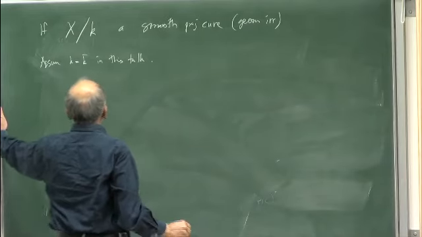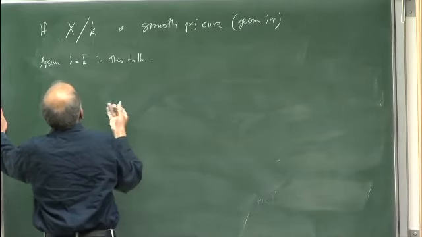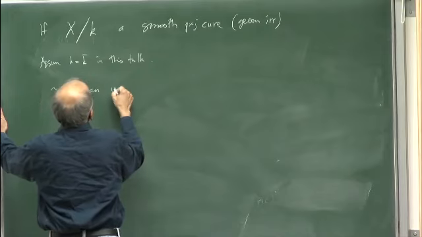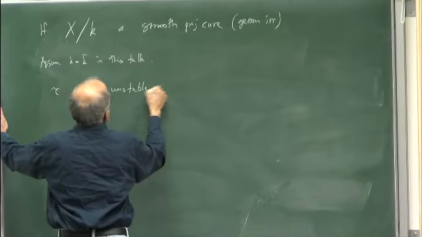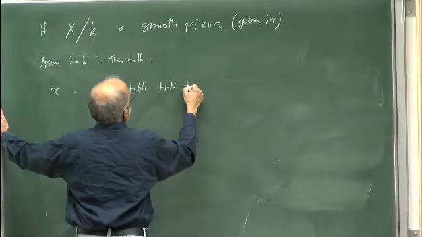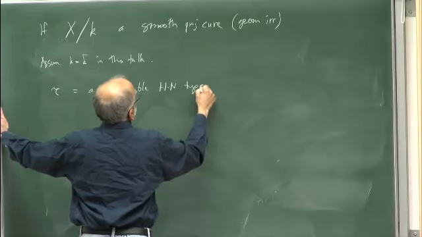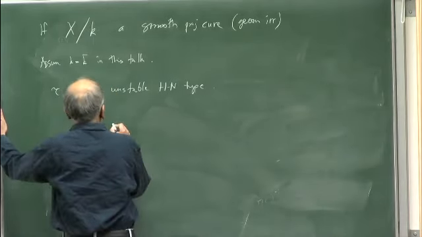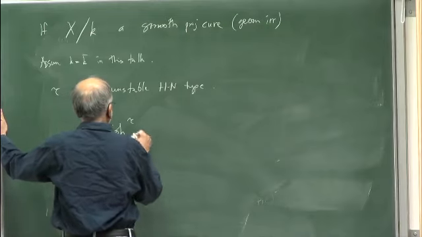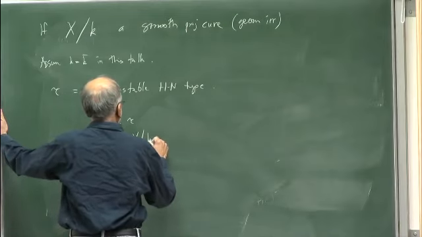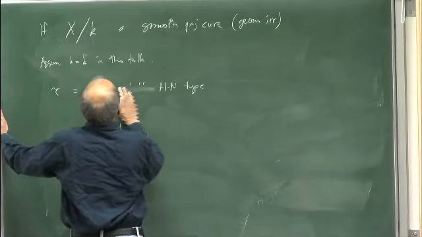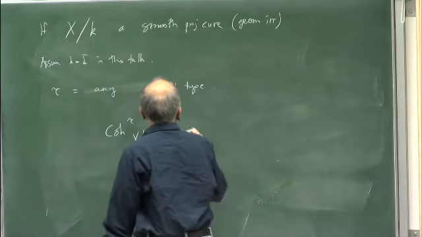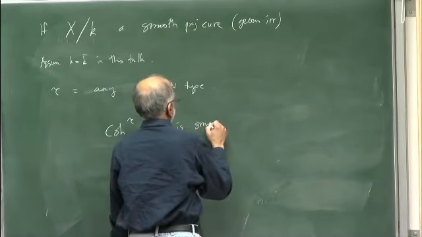Okay, take such a curve and take some tau to be an unstable HN type. Then my first observation is the corresponding stack need not be unstable. Any Harder-Narasimhan type is smooth over k.